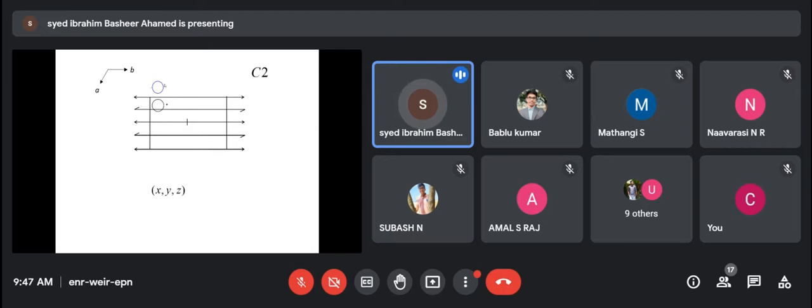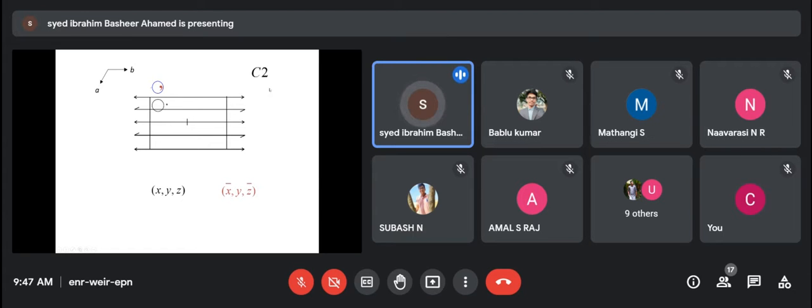So what is the equivalent position? x bar, y, z bar. It's because this is the B axis, and the proper axis of rotation is parallel to the B axis, so the sign of y will not change. So you will have x bar, y, z bar. This is C2.